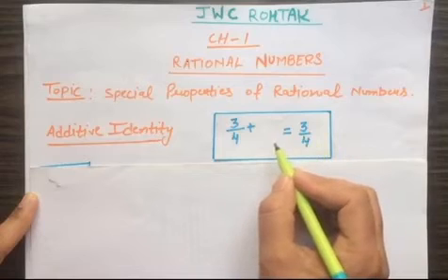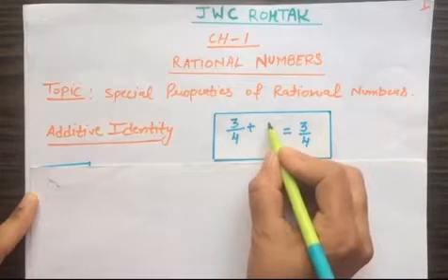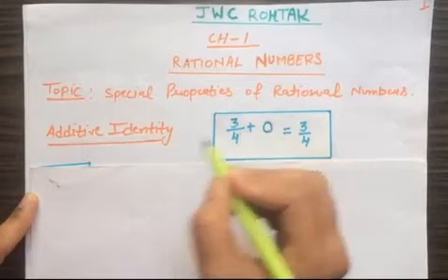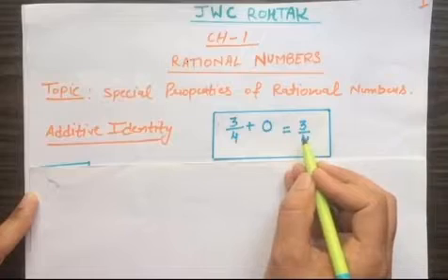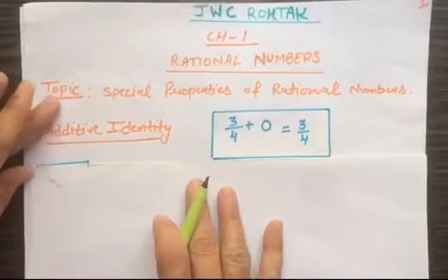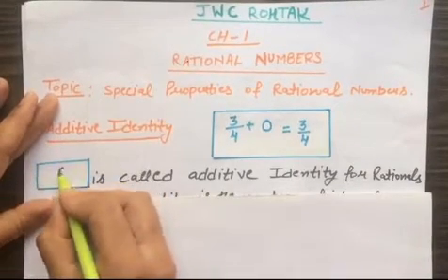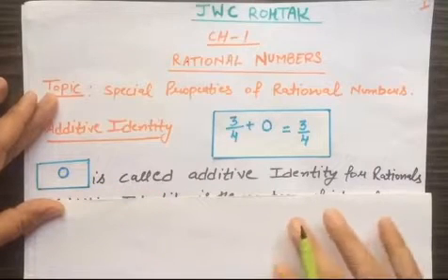There is only one such number, that is 0. When 0 is added to any number, we always get the same number. So 0 is called additive identity for rationals.